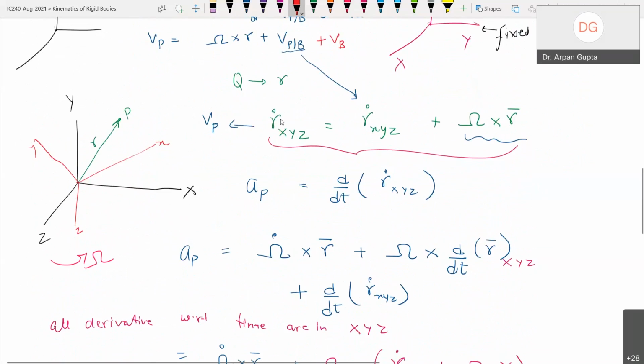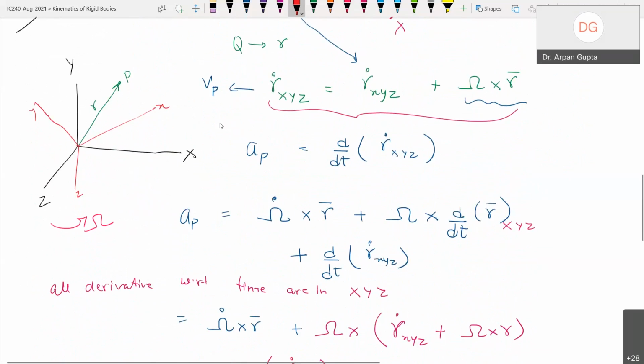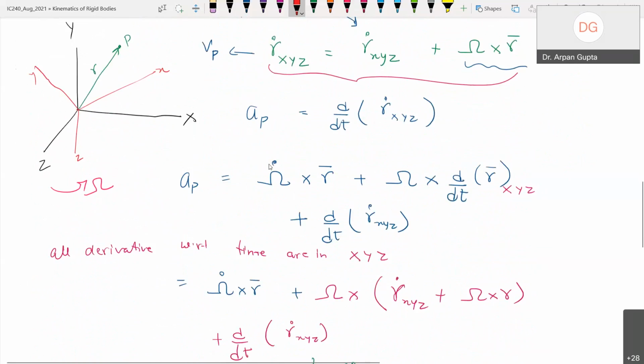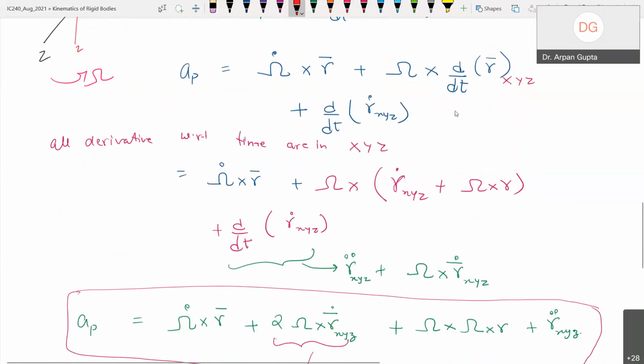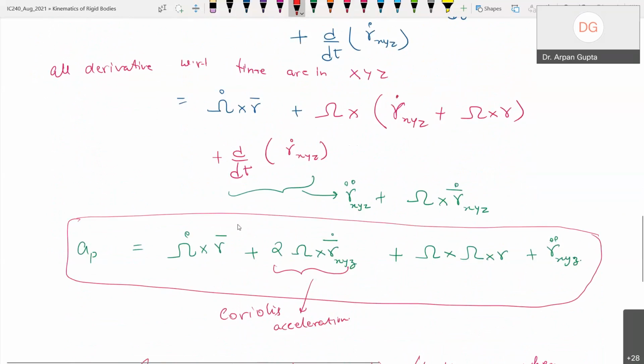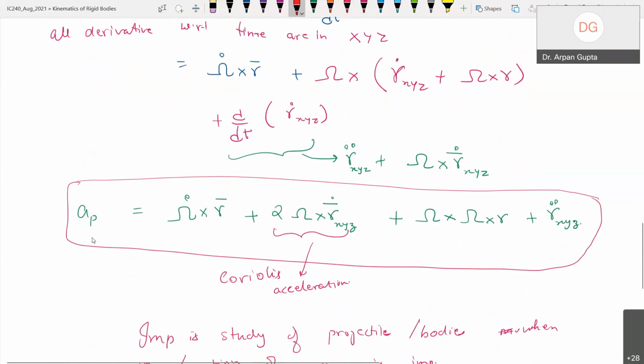Now, if I further differentiate this expression to get the acceleration of point P, we get omega dot cross r plus omega cross again d by dt of r vector, but this has to be in the xyz frame, which again requires one more conversion, plus this term here. By doing this conversion again, we obtained this generalized expression for acceleration.